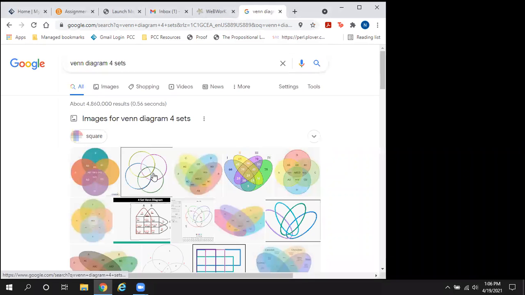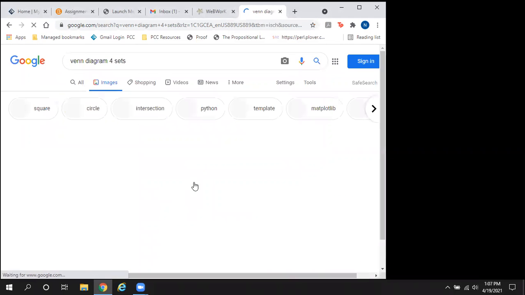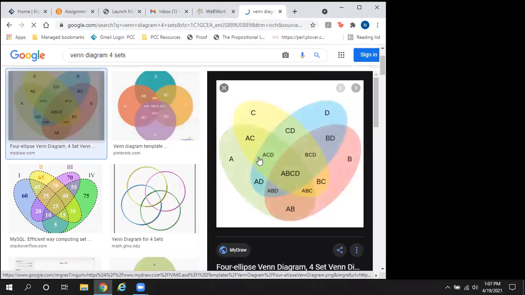You'll notice this one is what we did, and that's not right because the yellow and the green circles don't have a section. But this, on the other hand, these ovals that overlap here, this is a Venn diagram for four sets. And now AD has a section right there. So you can draw it this way, and that's fine.